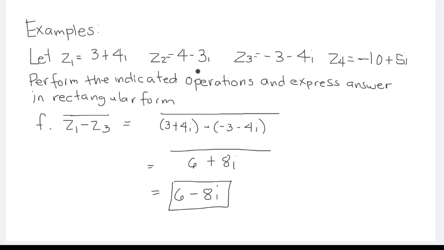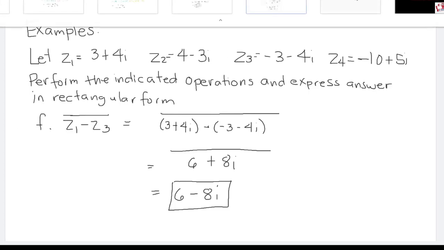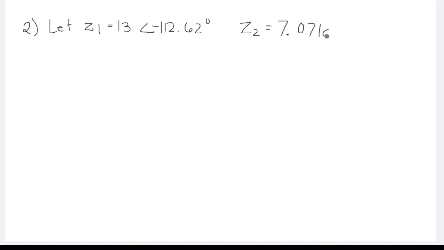So how about if we have two polar forms that are given? Let's say for number 2, we have two polar forms. C1 is equivalent to 13 at an angle of negative 112.62 degrees, and the other one is in trigonometric form, 7.071 cis, or the reduced form, 135 degrees.